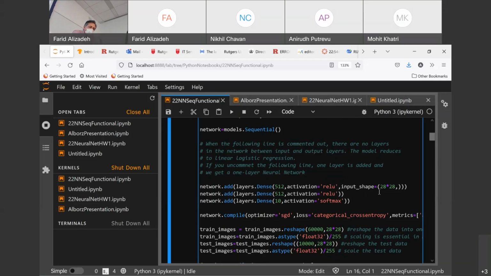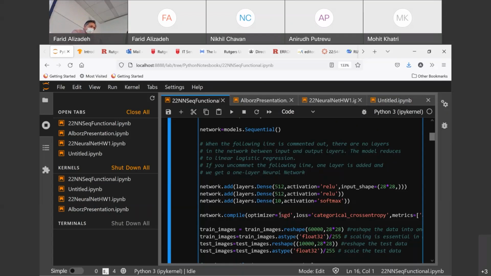The first layer takes the 784 dimensional input, and for the next layer I choose to have 512. Why? There are some reasons, but essentially it's trial and error. If it works, then it works. That's the part that is not really an art. We don't know exactly why this number works but that number doesn't.